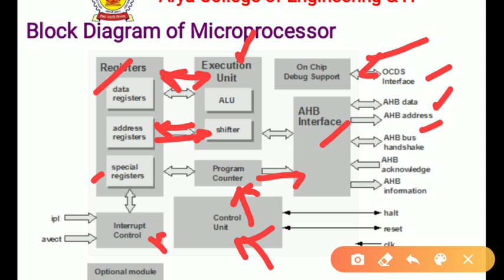The AHB address bus is unidirectional, and the AHB bus handshake is bidirectional. Similarly, the AHB acknowledgement carries information from the component, and the AHB information comes from the interface. So this is all about the basic block diagram, or architecture, of the microprocessor.